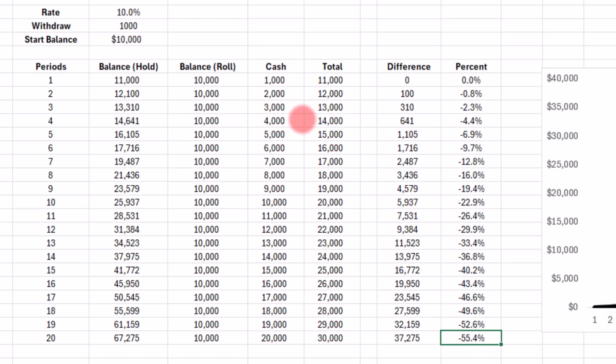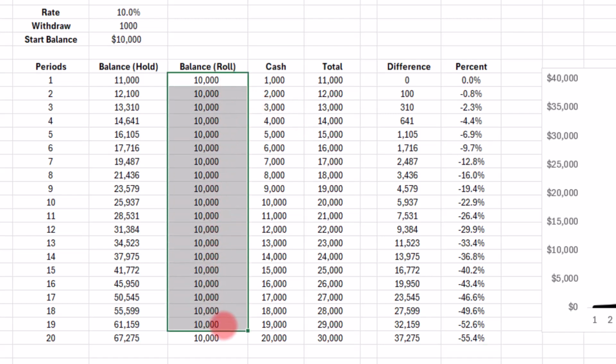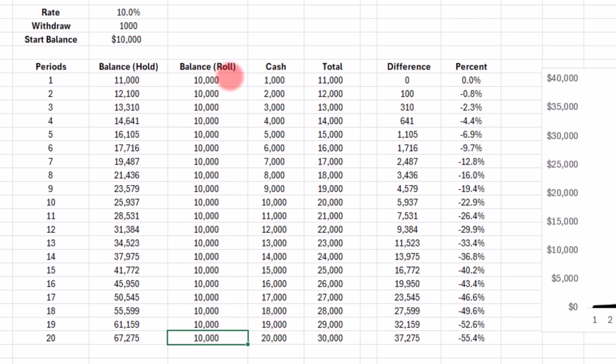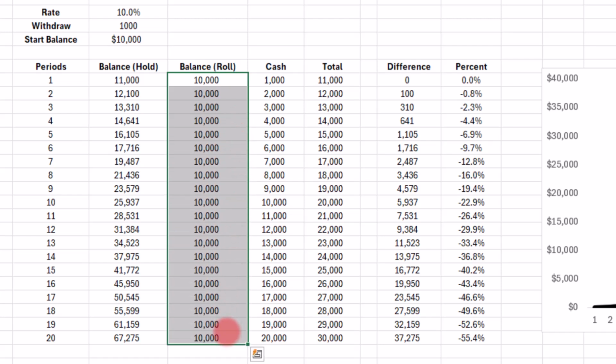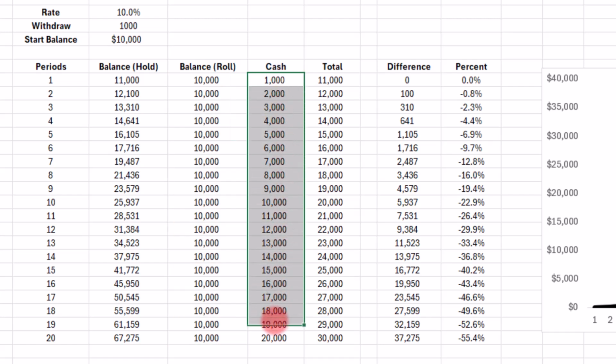So now you can see that this trader's position will always be worth $10,000. This would be a little bit like a constant dollar technique where you're just trying to keep your balance at roughly $10,000 each year. But what he's doing is he's sweeping this into cash. All right, so now it looks like it's a great thing because look at this. After 10 years, this trader can say, hey, I've gotten all my money back.